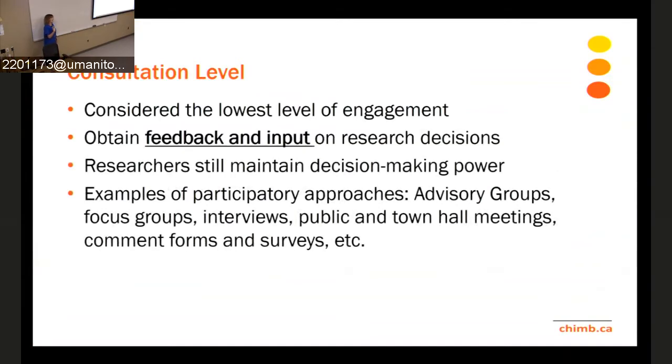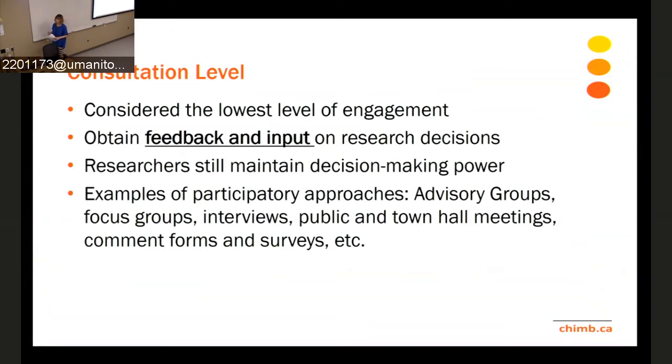And so at the consultation level, when somebody says I'm engaging at the consultation level, what that means, it's the lower end of the spectrum. It's about obtaining feedback and input on research decisions. Researchers still most likely maintain the majority of the decision-making power.